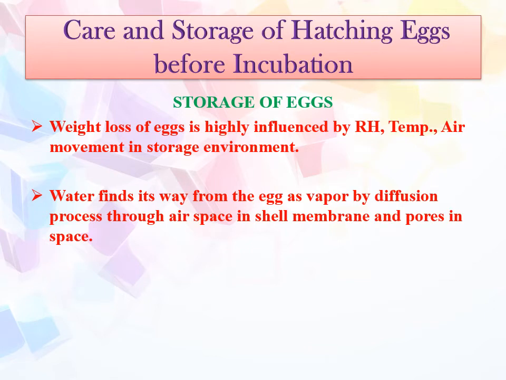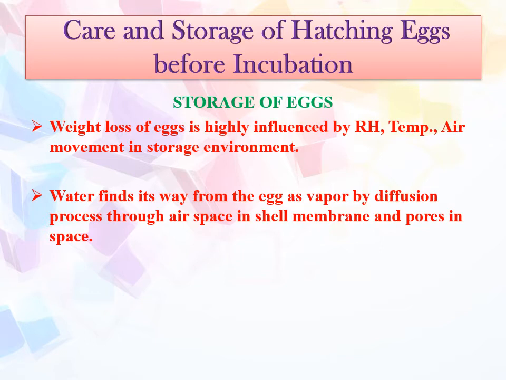Weight loss of egg is highly influenced by relative humidity, temperature, and air movement in the storage environment. Water finds its way out of the egg as vapor by diffusion through the airspace, cell membrane and pores in the shell. So another importance of relative humidity is that at 60 to 70% relative humidity, the water loss from the egg will be around 10%, so that a proper size chick will be born.